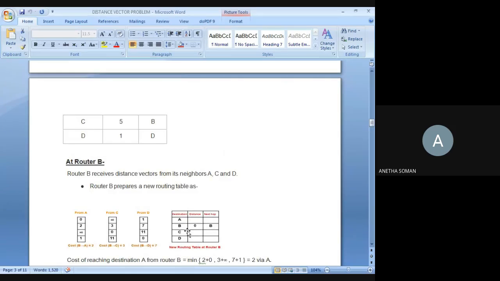Now similarly, find out the cost of reaching destination C from router B. You are at router B, so no need to calculate for B again; that cost will be equal to 0. So for router C, you have to find it out. Your destination is C now. Now what is the cost?